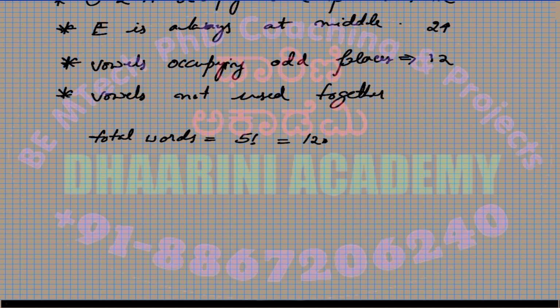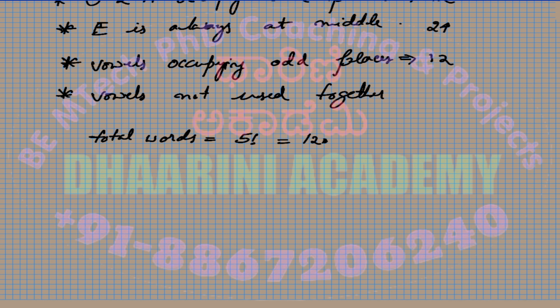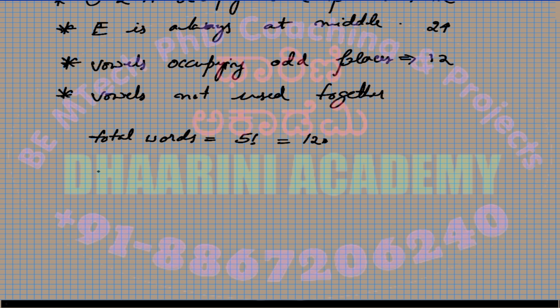Now, let us say that vowels are together, and when I write the vowels together as X, you have the letters X, M, G, where X consists of all the vowels. So how many ways can you do that? This can be done in 3 factorial, correct?